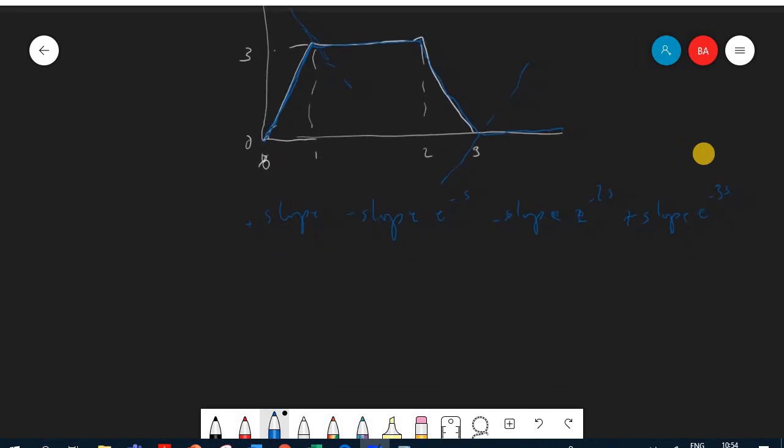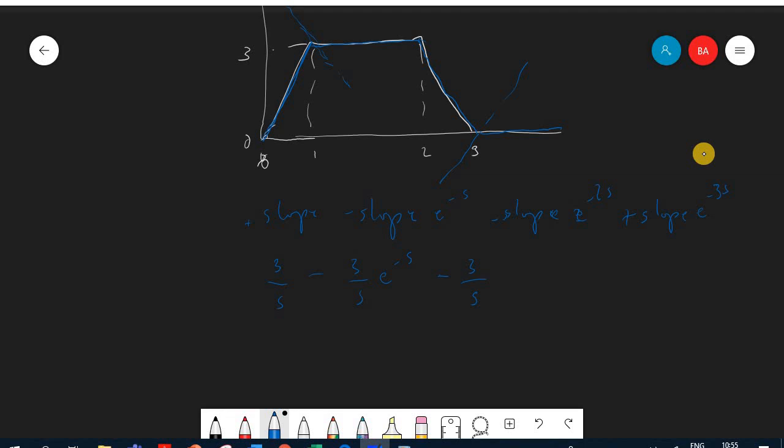So simply what I'm trying to say here is that this is equal to the slope, which is 3 over s, minus 3 over s e to the power of minus s, that happens at 1, and that remains till 2, where we have minus 3 over s.